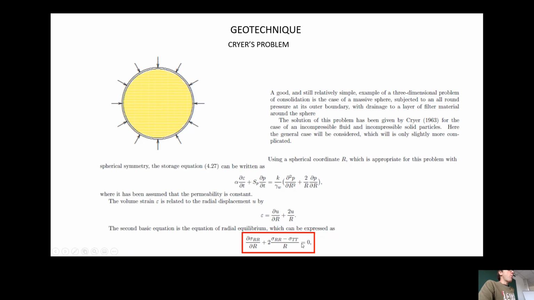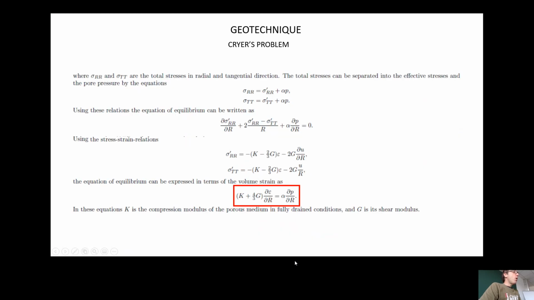Here sigma R and sigma T are the total stresses in the radial and tangential direction. The total stresses can be separated into the effective stress and the pore pressure, according to the principle of Terzaghi. So we can rewrite the equation of equilibrium in this way, as you can see here.